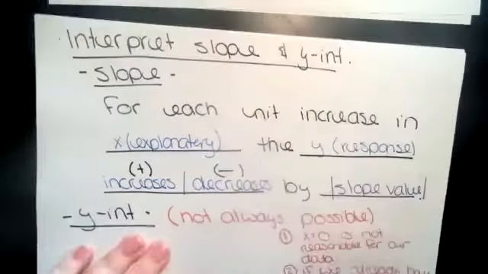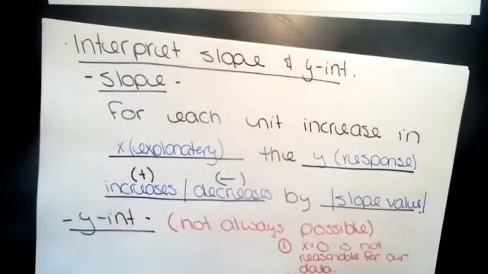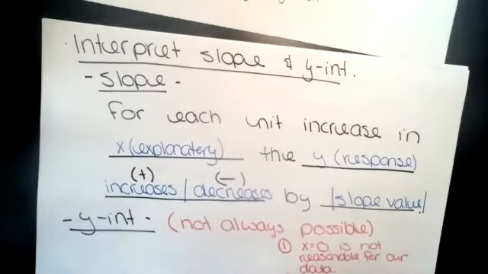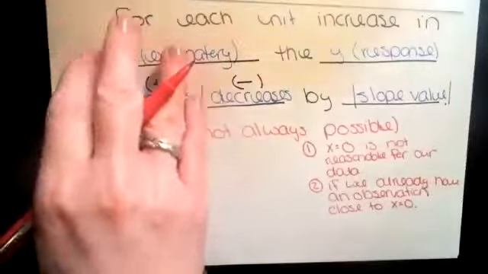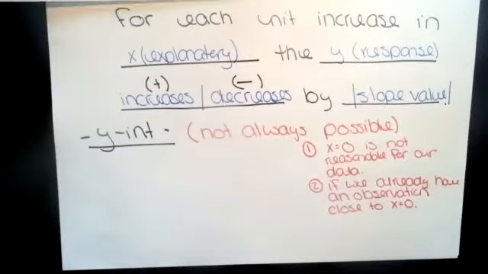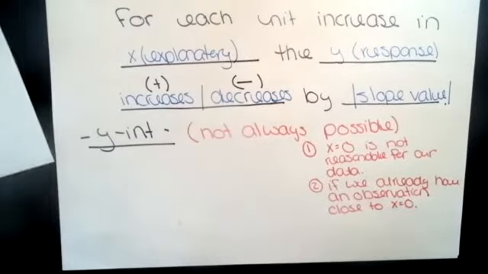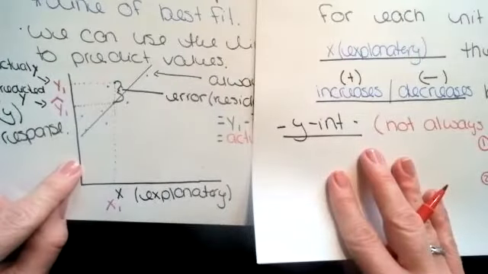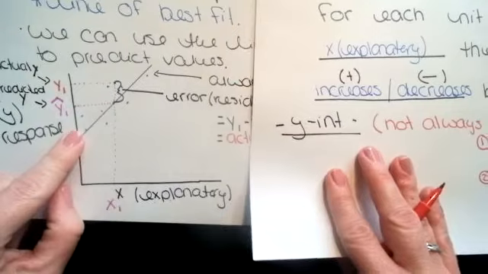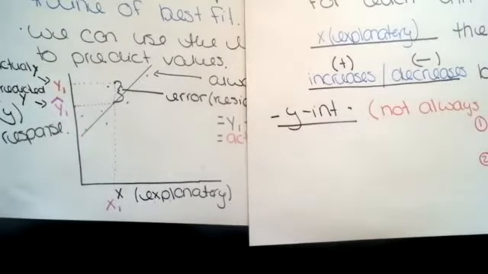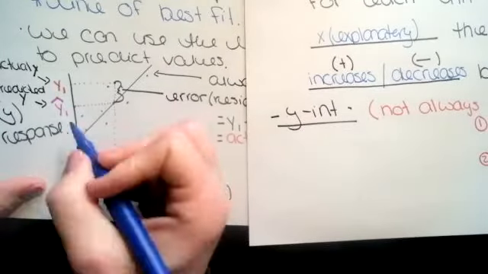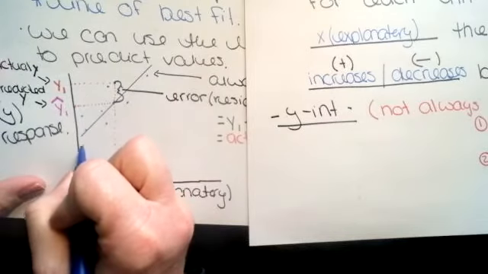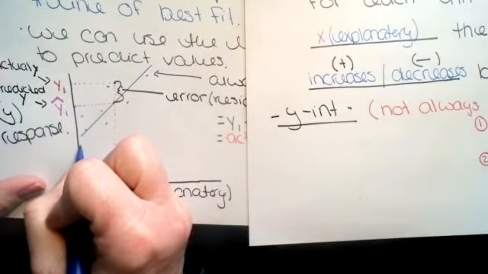So let me pull up my picture for you guys. If I have this picture here, and we're looking at this graph, maybe I have a data value that might not be close to where the line is, but it's really close to x equals 0 here, okay?